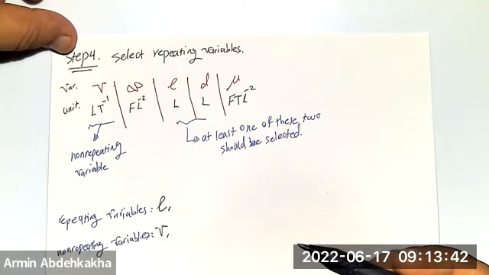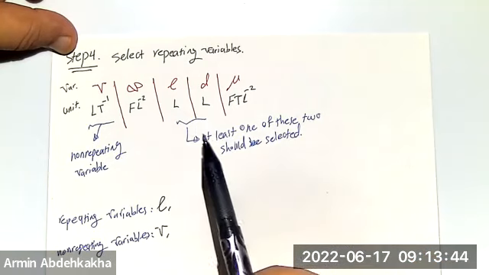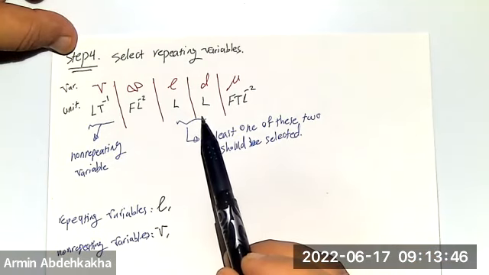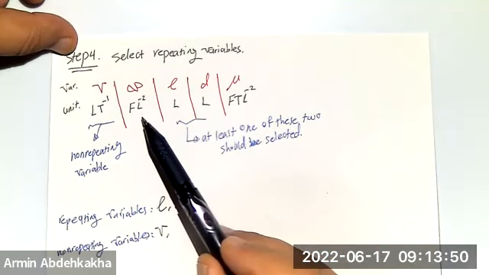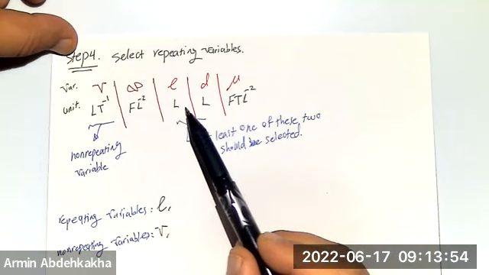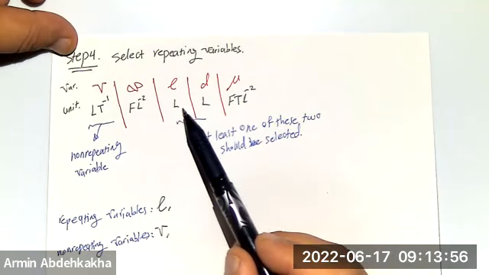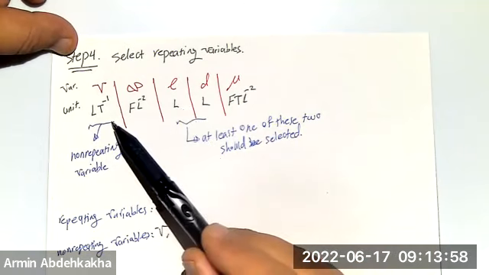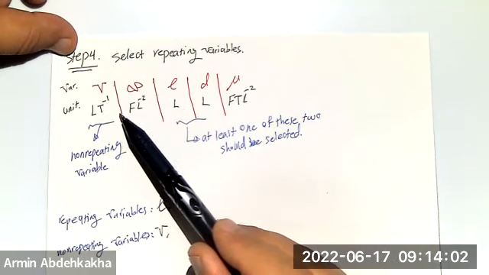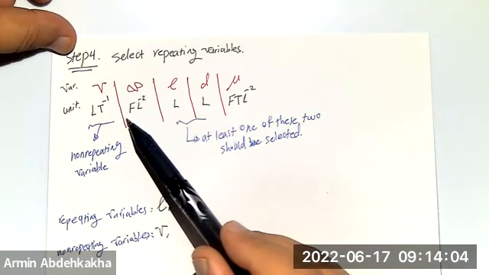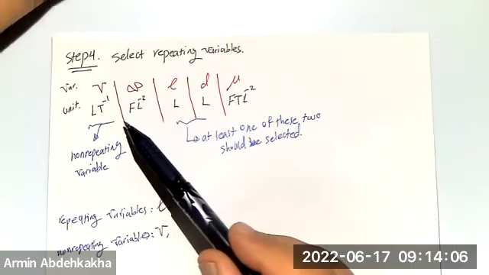But what else do we need? So that's the question: can we choose delta P, L, and D as our set? No, we cannot. Why? Because we have a unit of T, and you need a set to cover all three reference units, right?